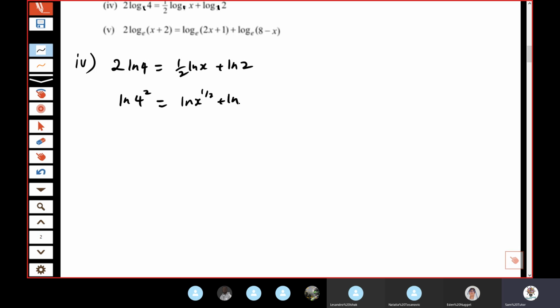Then, because they're added, I can multiply them. Only at this time can you multiply. You can't do it if one's a half and the other one's a 1. You can't actually add them.